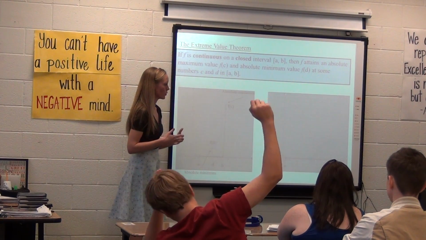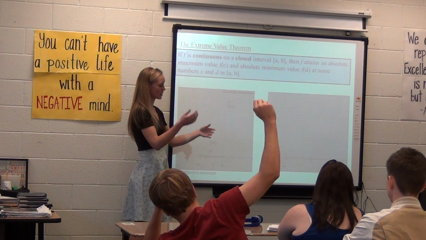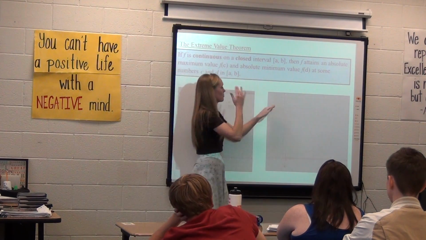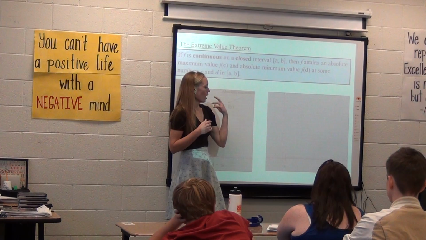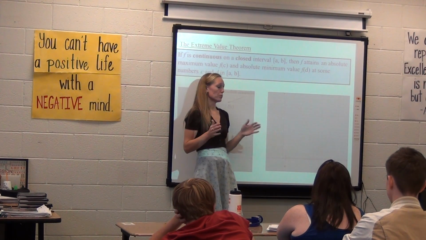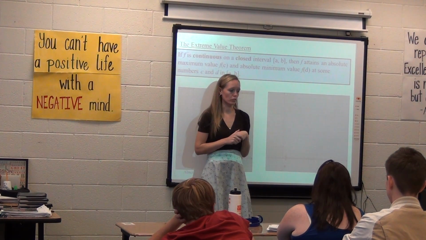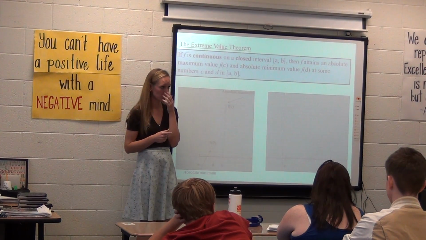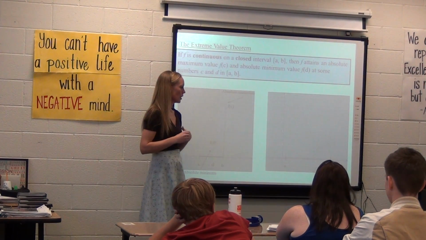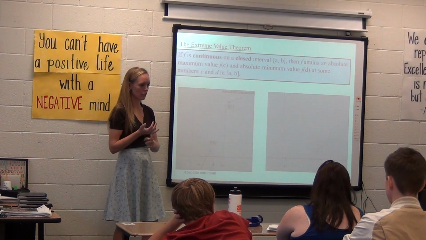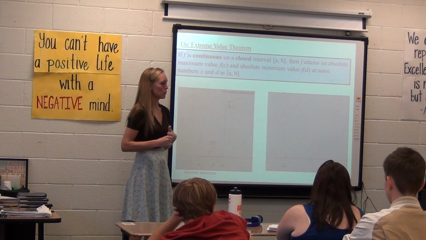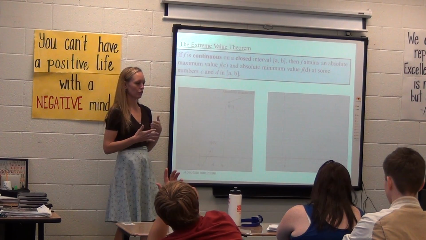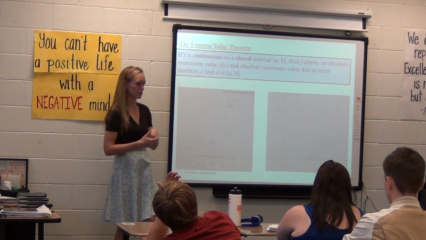If they're asking for the max, what is the maximum, they're looking for that highest point that it reaches. I would encourage you to always include both pieces of information. You could either use function notation, so f of 1.25 equals 8, or you could say the maximum value is 8 when x equals 1.25.